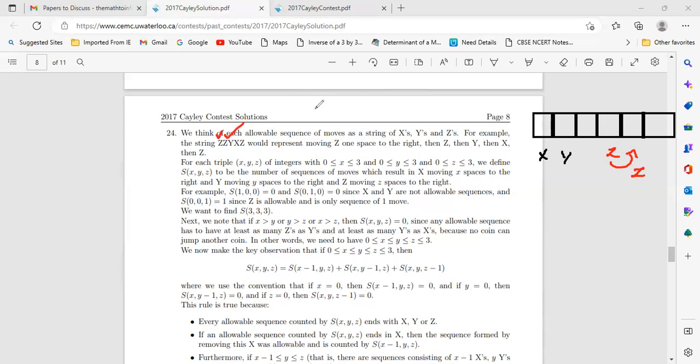Now this is empty and you have Z here. And now you are trying to move Y to this space, so you write Y here. So Y occupies the third box. Now you will move X here, you have X.